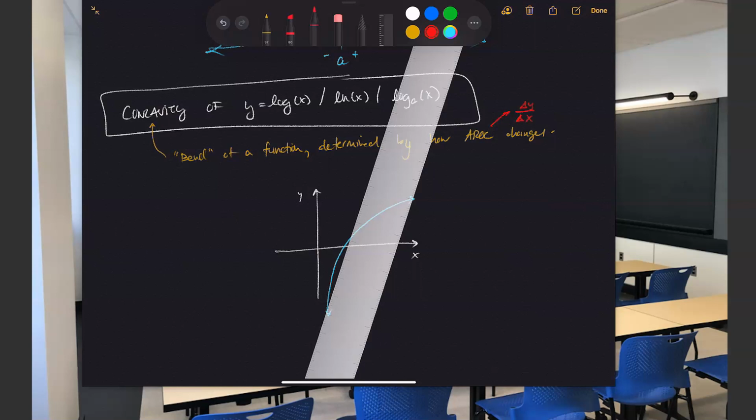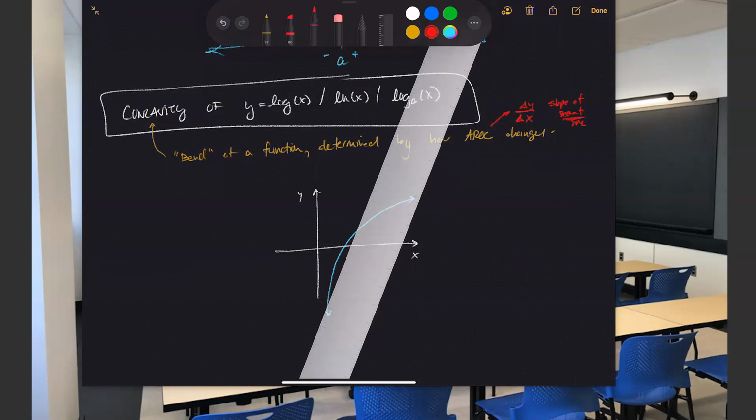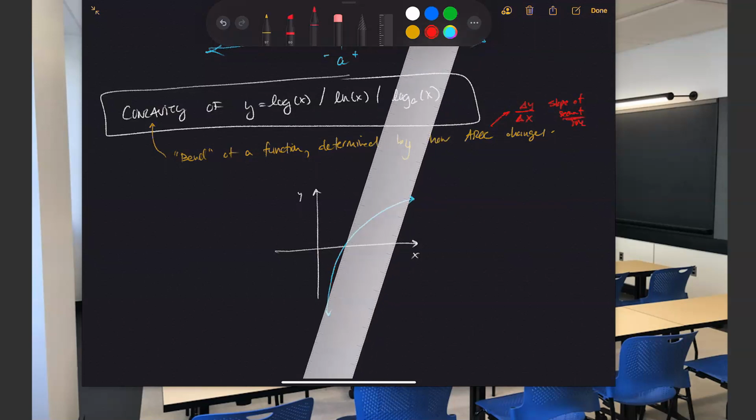It's the slope of the secant line, we say. And the secant line just means that it intersects the curve in two spots. So we're looking at something like this. Here's a point, and then this slope here is your delta y over delta x.